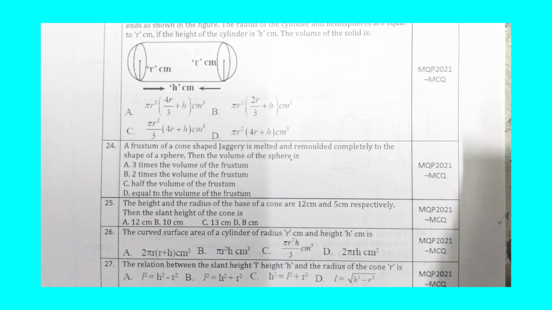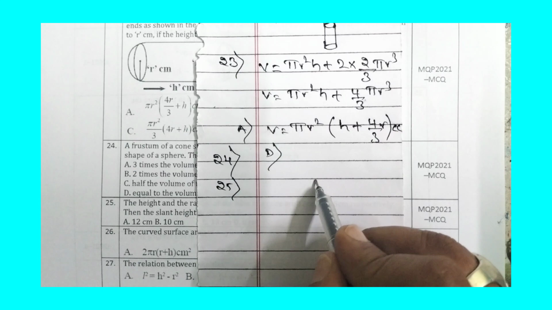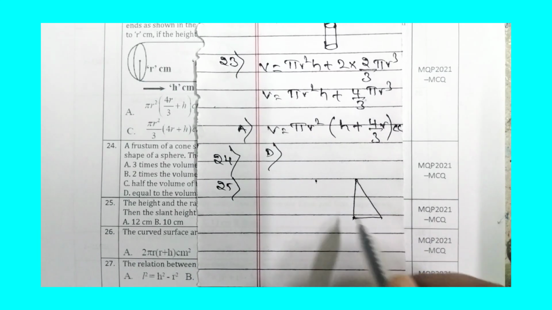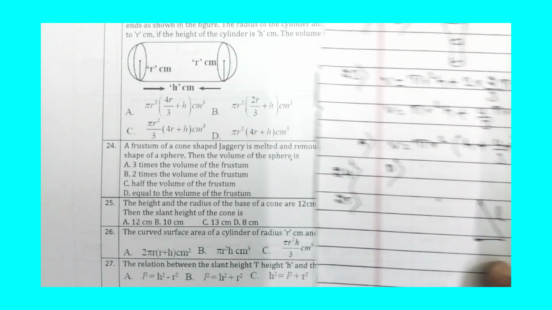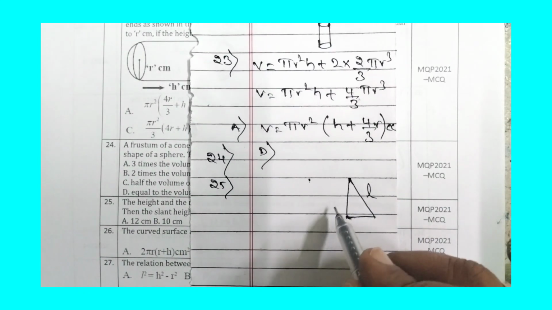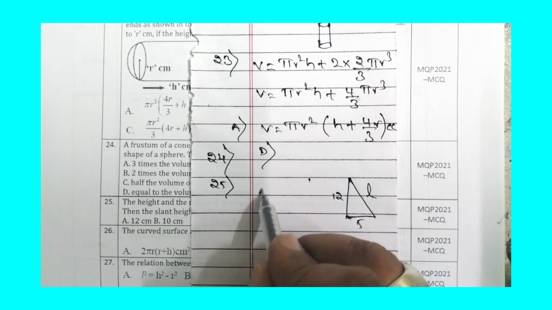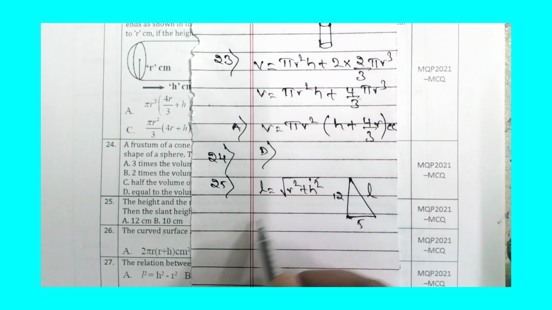If you did not understand, let us do it this way. A cone's base is like this. This is the height of the cone, this is the radius of the cone and this is the slant height of the cone. Here the height and radius are given: height is 12 centimeter, radius is 5, and the slant height is asked. L is equal to square root of r square plus h square.